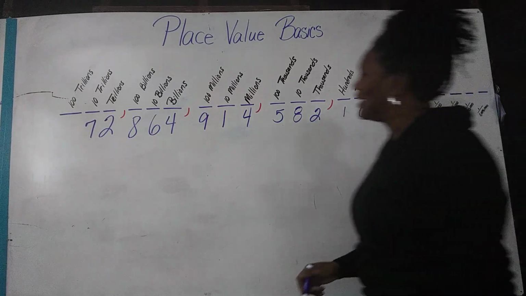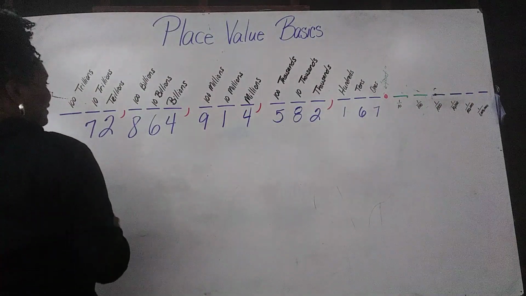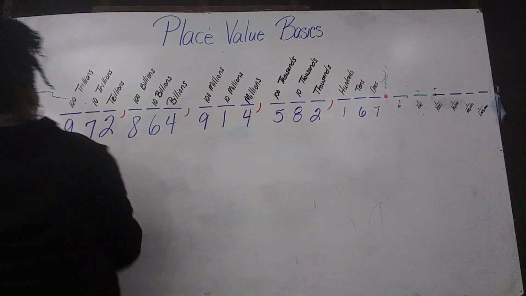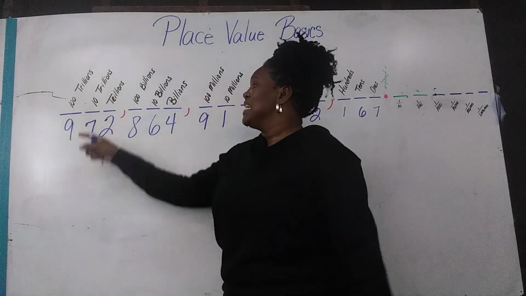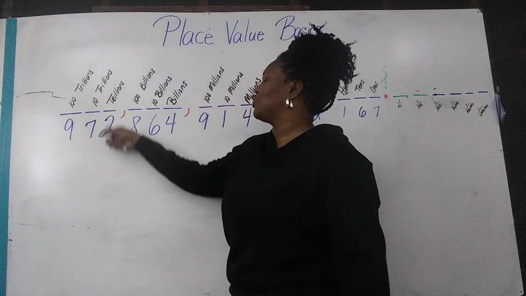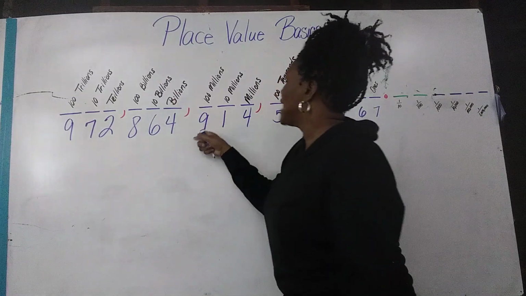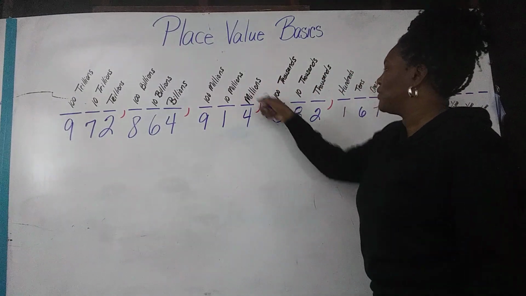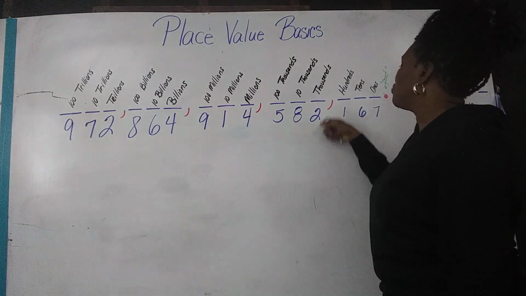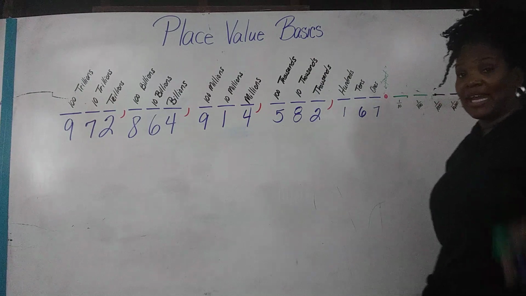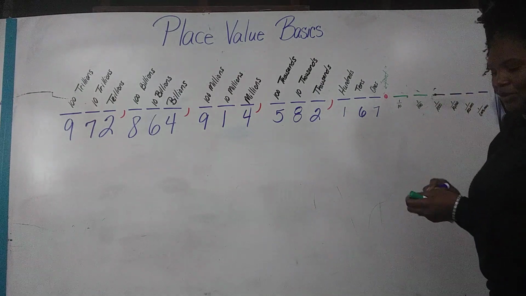Woo, big number. Let's put another number. What do I want that number to be? Let's just make it a 9. Now we have 972,864,914,582,167. Okay? Now, let's put a decimal in there.